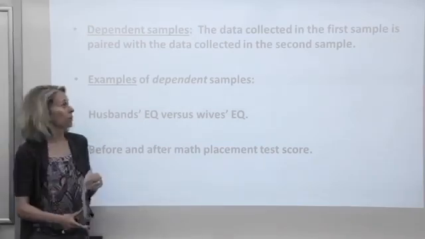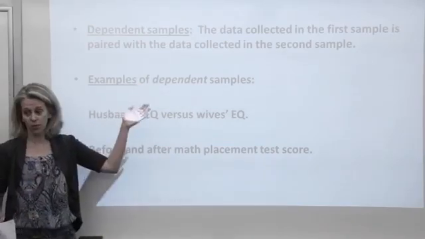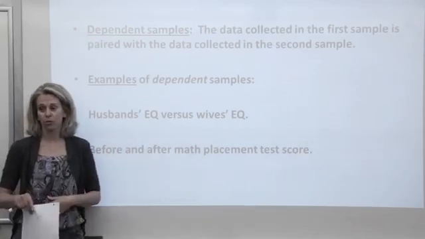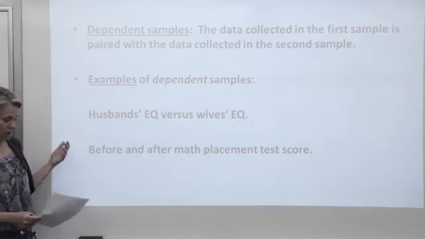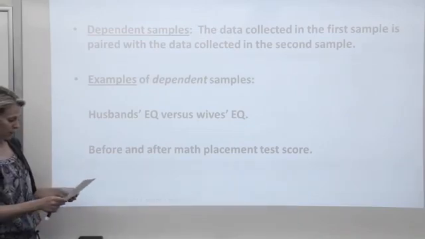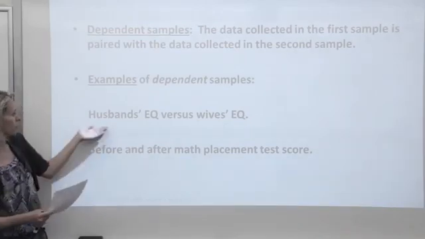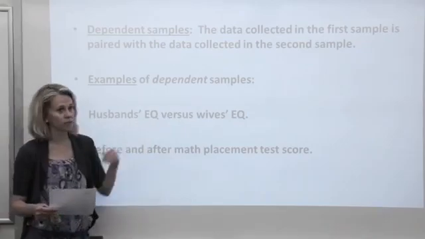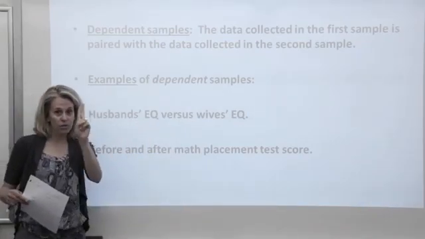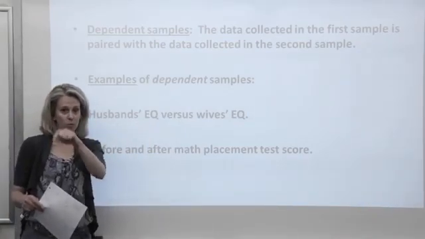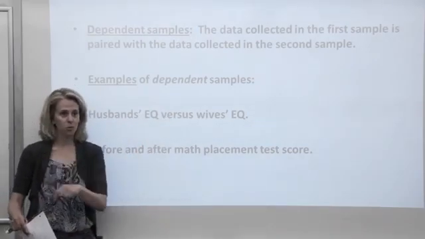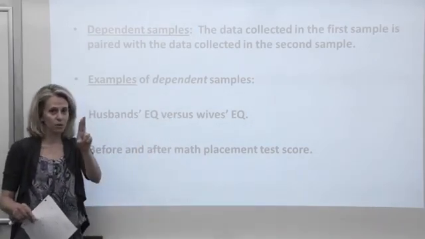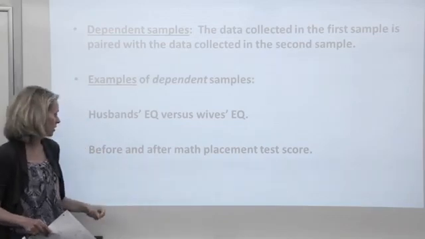With dependent samples, the data collected in the first sample is paired with the data collected in the second sample. Some examples: if we wanted to compare emotional IQs for husbands and wives, we would look at pairs of data. We would look at the husband's score versus his wife's score. For the next couple, we'd look at the husband's score versus his wife's score, and we would have pairs of information.